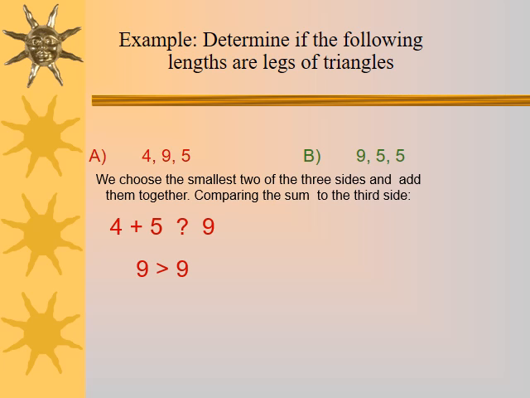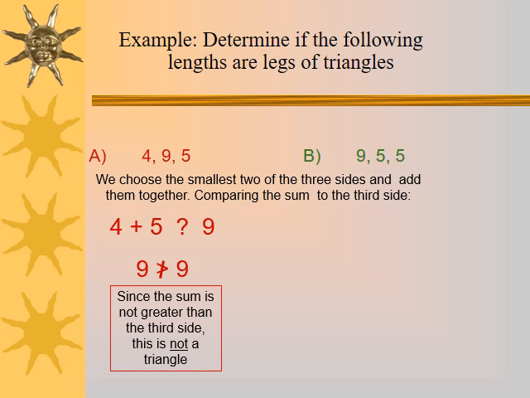So if we look at the first one, 4 and 5 are the smaller ones, 9 is the biggest one. 4 plus 5 has to be greater than 9 from our triangle inequality theorem. Now is 9 greater than 9? Of course not, it's equal to it. Since 9 is not greater than 9, that is not a triangle. So no triangle. Sad face.